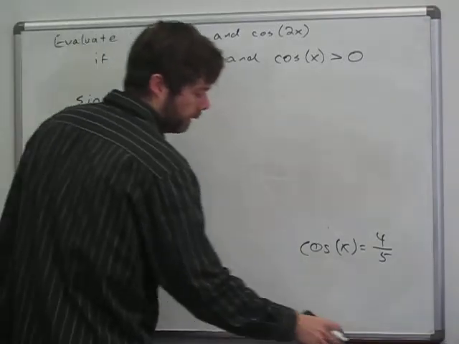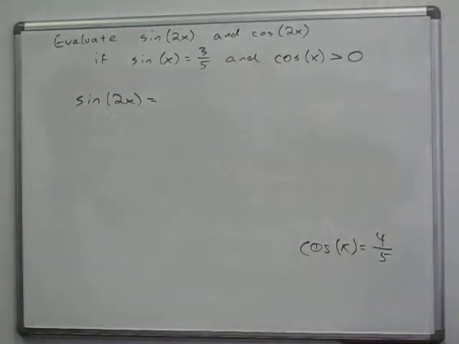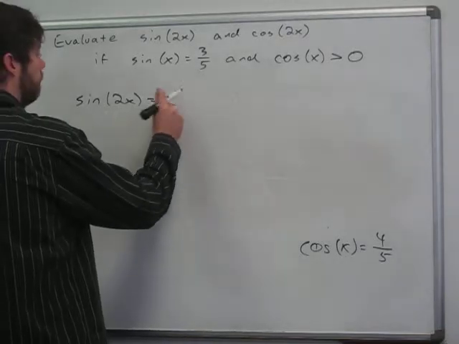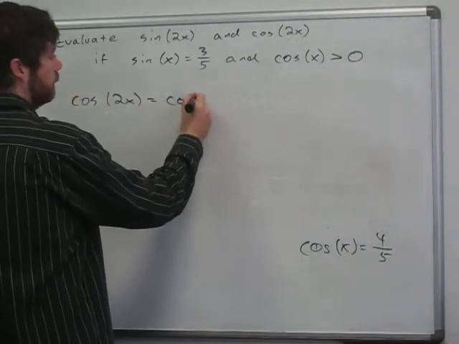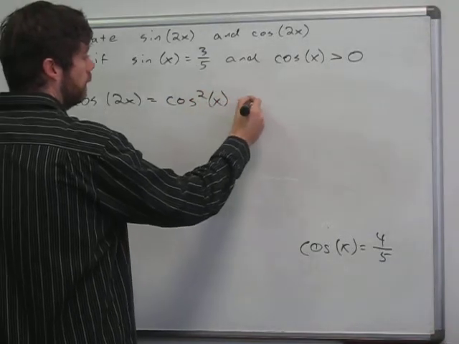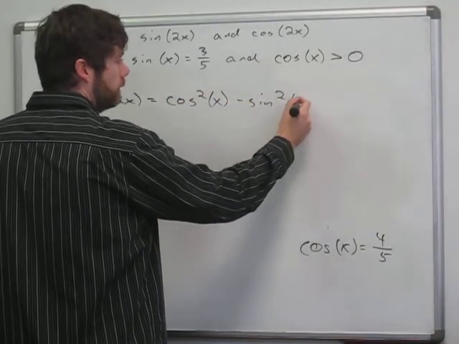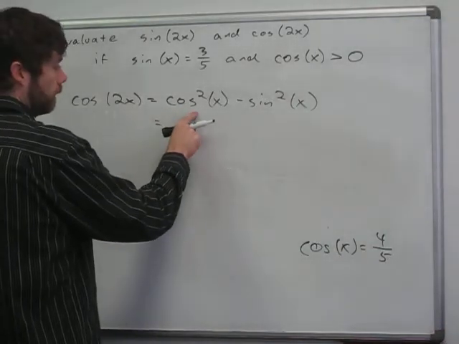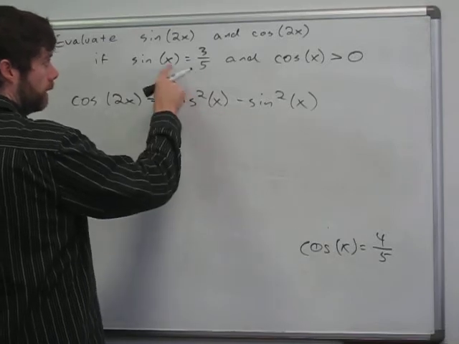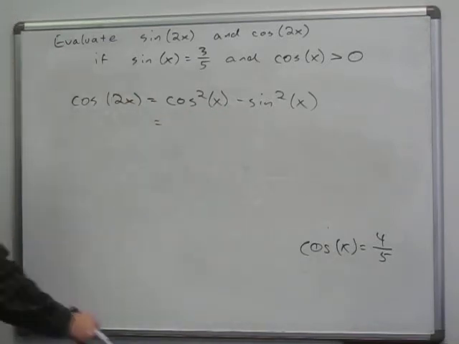Well, we work with 3 different formulas for the cosine of 2x, depending on which one is the most useful. One of them is cosine squared of x minus sine squared of x. Right? So here I just need to take the cosine of x and square it and subtract the sine of x and square it.